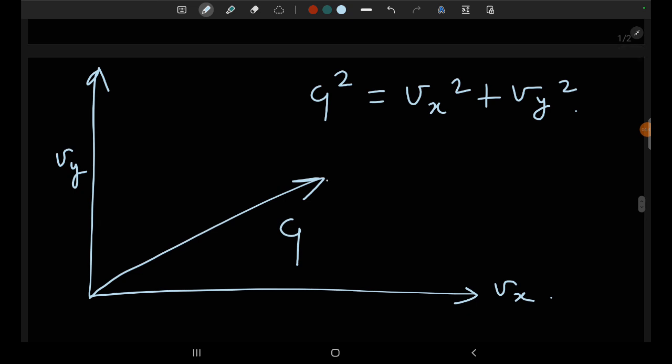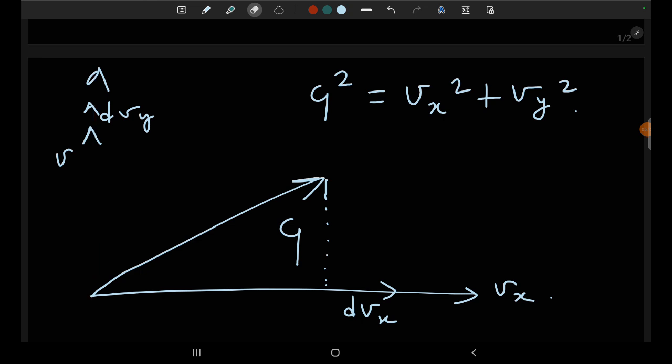This dVx into dVy is what we get if we move some small distance dVx along the x-axis and dVy along the y-axis. Let's do it again.